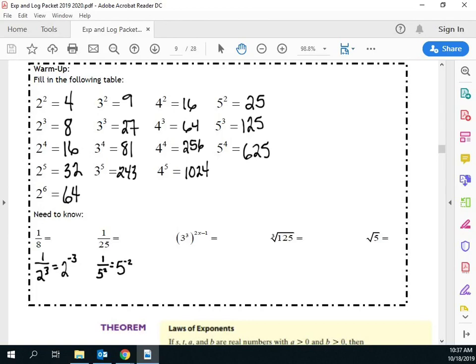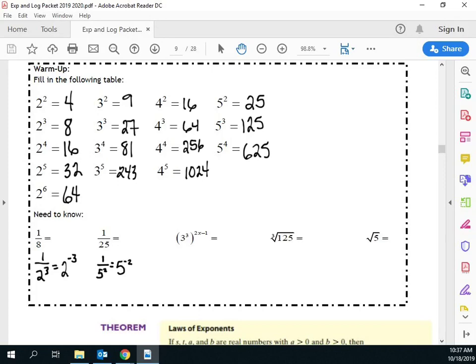So 1 over 5 squared. And then finally get rid of the fraction. What do you have to do? As Alyssa did here. 1 over 5 squared. Well, I want to get rid of the 1 over, so we go ahead and make it a negative exponent. So it's 5 to the negative 2 power. All right, so let's go and move on to the next one.